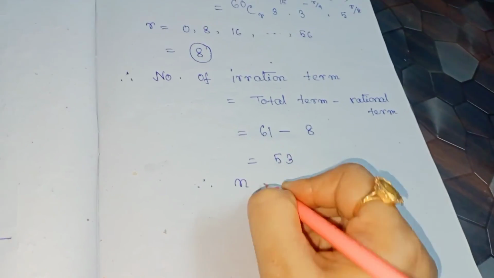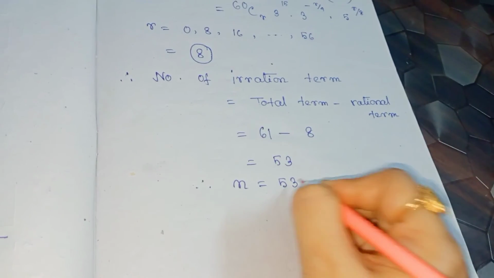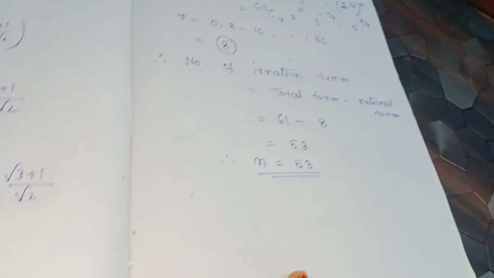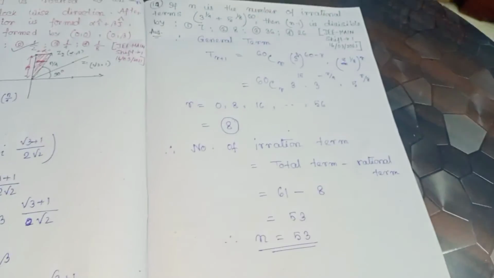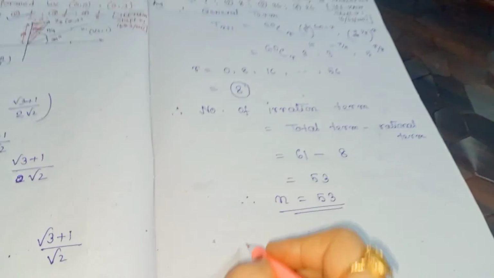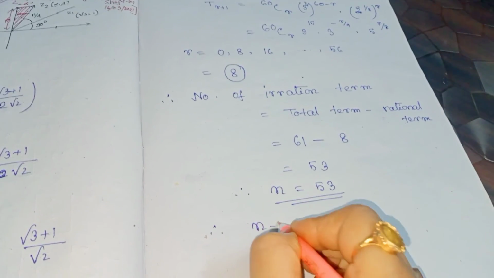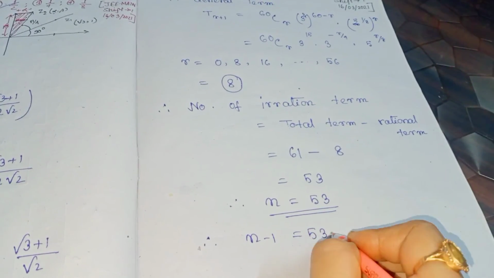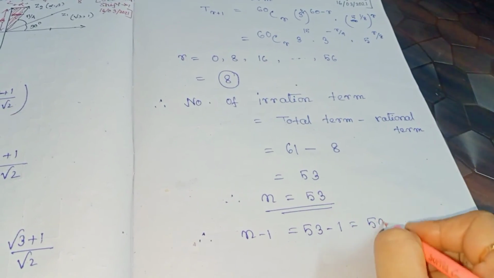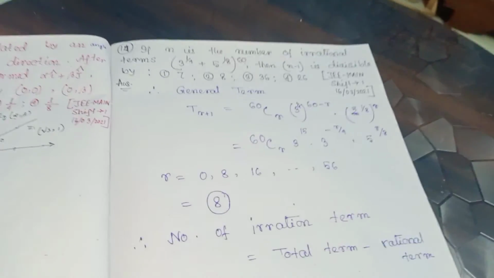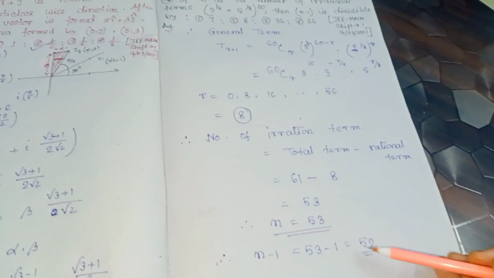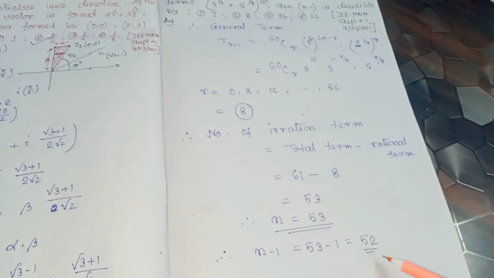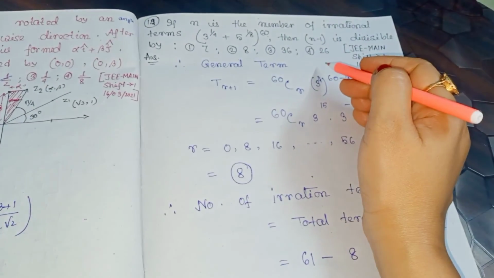Therefore n is equal to the total number of irrational terms, 53. Now n minus 1 is equal to 53 minus 1, that is equal to 52. Let's check our options. 7 is not a divisor of 52, 8 is not, 36 is not, but 26 divides 52.